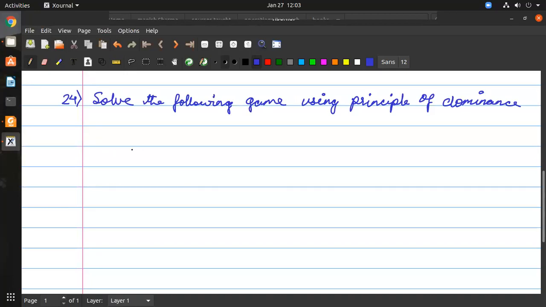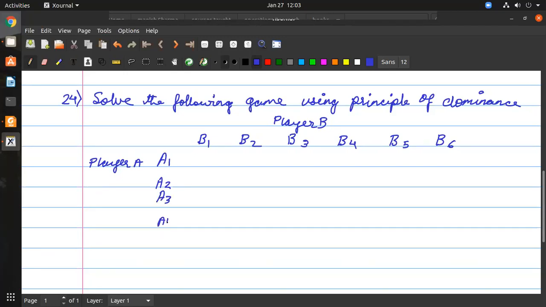Okay, so this problem has player A and player B. Player B has strategies B1, B2, B3, B4, B5, B6, and player A has A1, A2, A3, A4, and A5.